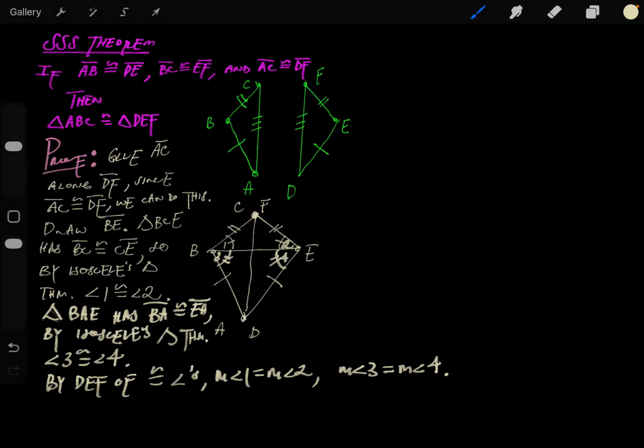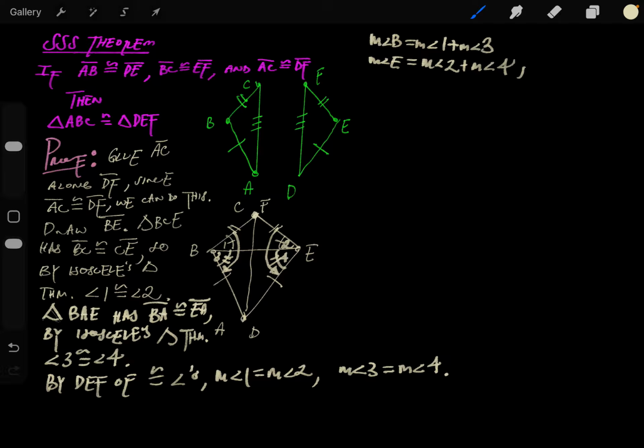Okay, now with this, we should see that B is equal to 1 plus 3, and E is equal to 2 plus 4. So we can say the measure of angle B is equal to the measure of angle 1 plus the measure of angle 3, and that the measure of angle E is equal to the measure of angle 2 plus the measure of angle 4.